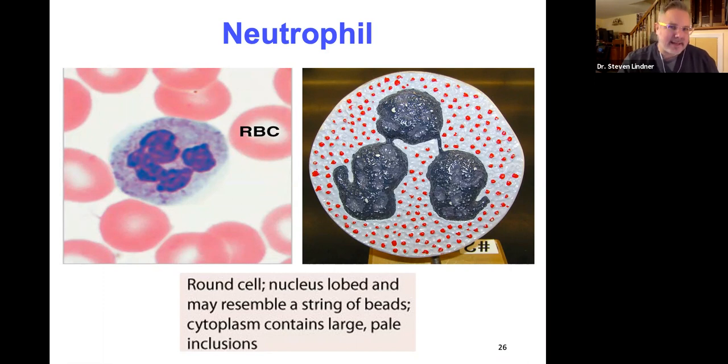When you get blood taken and you have a high neutrophil count, they say you have a bacterial infection. If neutrophil counts are high, you have a bacterial infection and your body is producing lots of neutrophils to try and destroy it. Okay, that's what a high neutrophil count is.